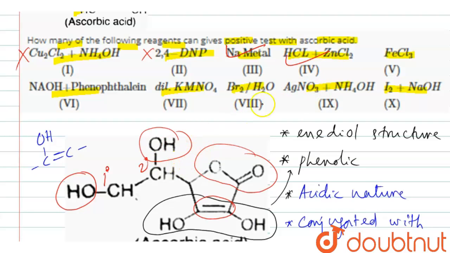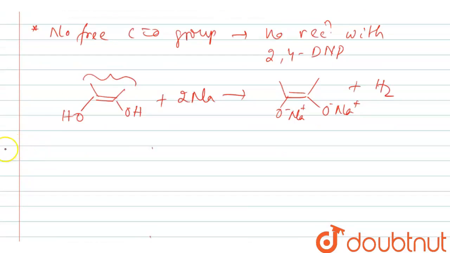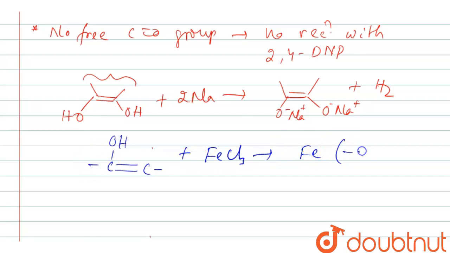Then with neutral ferric chloride, because it has phenolic OH groups, it will react with ferric chloride to form a complex. Phenolic compounds form a complex with neutral ferric chloride. I am drawing only the required portion.